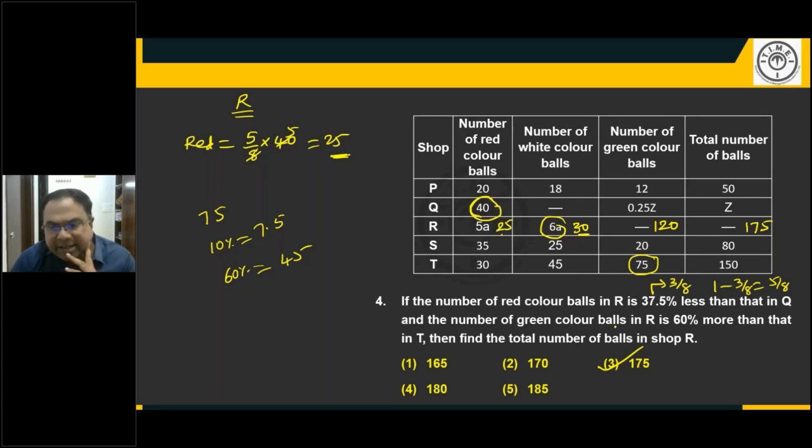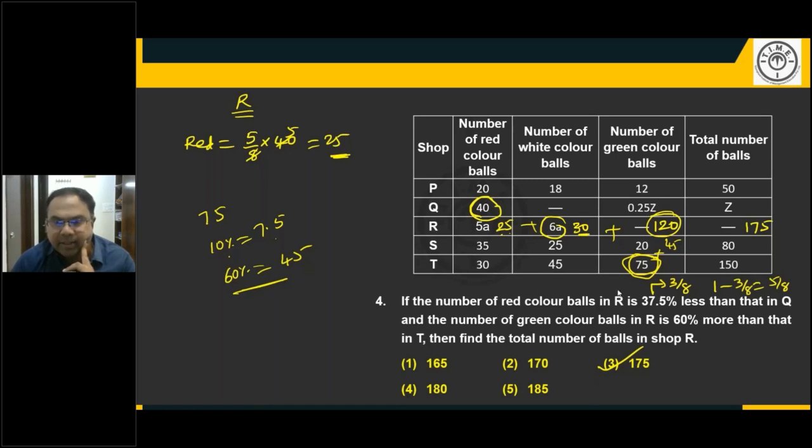Green color balls 60% more than T. T is 75 now. 10% is 7.5, 60% is 45 more. So 75 plus 45 is 120. Add now 120 plus 30, 150, plus 25, 175.